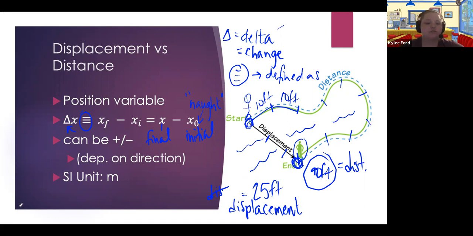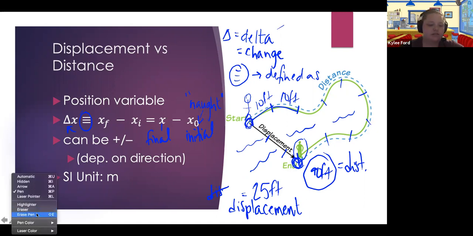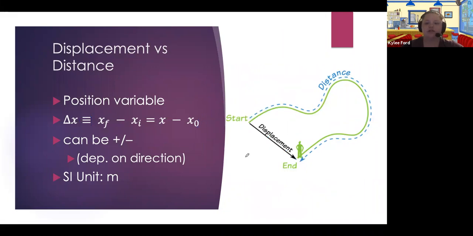So let me erase quite a bit of this and let me show you guys what I mean. So say we are just looking at the x-axis, right? Because we're just looking at one dimension, and that's our 0. Okay, and we're here, and we start to move this way. Okay, and we end up right here.